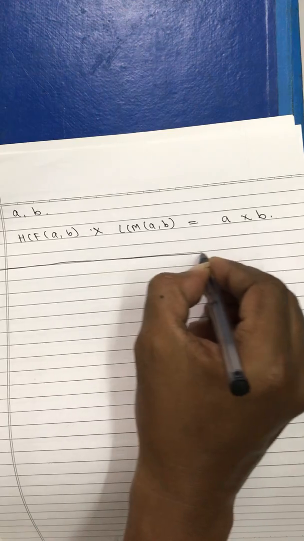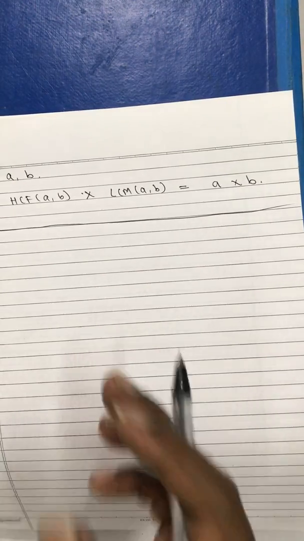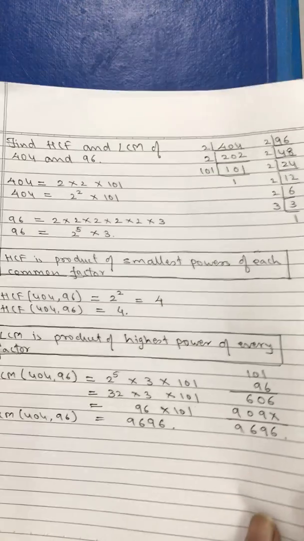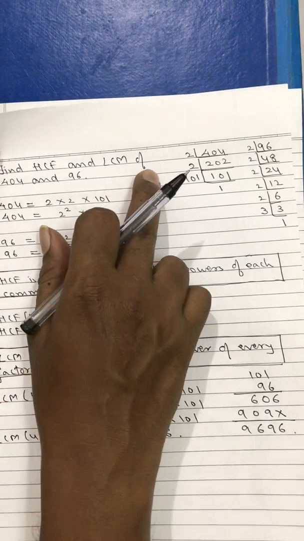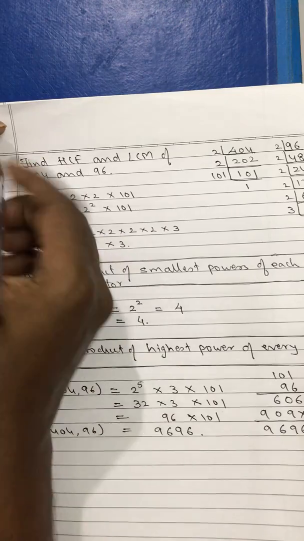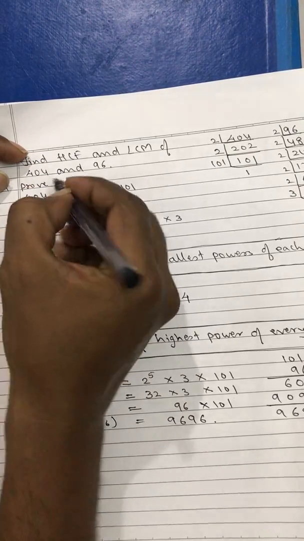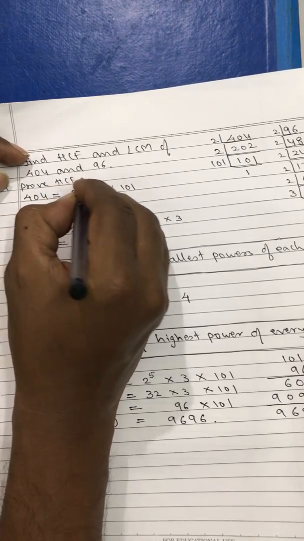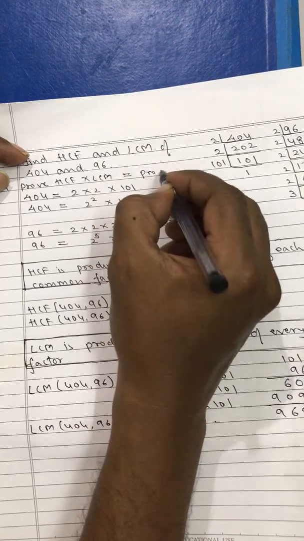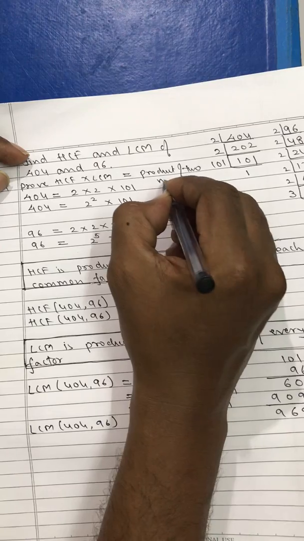Why do you require this? Because questions based on this topic may come. Sometimes they will ask you to prove this. For example, find HCF and LCM of 404 and 96, and prove HCF into LCM is equal to the product of two numbers.